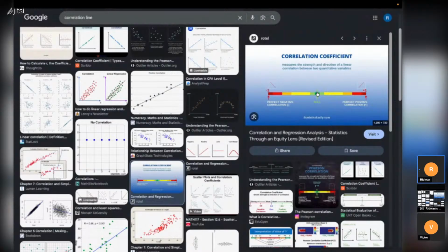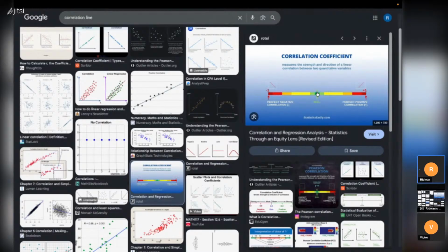Then a strong positive correlation is from 0.5 to 1. I think you should go and check that video we did on correlation. So 0.5 to 1 is a strong positive correlation, while 0.5 downwards close to 0 is a weak positive correlation. Likewise, from 0 to -0.5 you have a weak negative correlation, while -1 to -0.5 is a strong negative correlation.